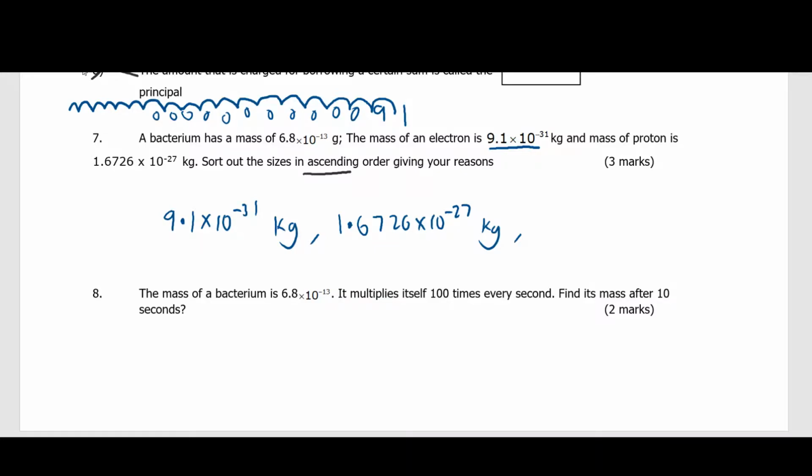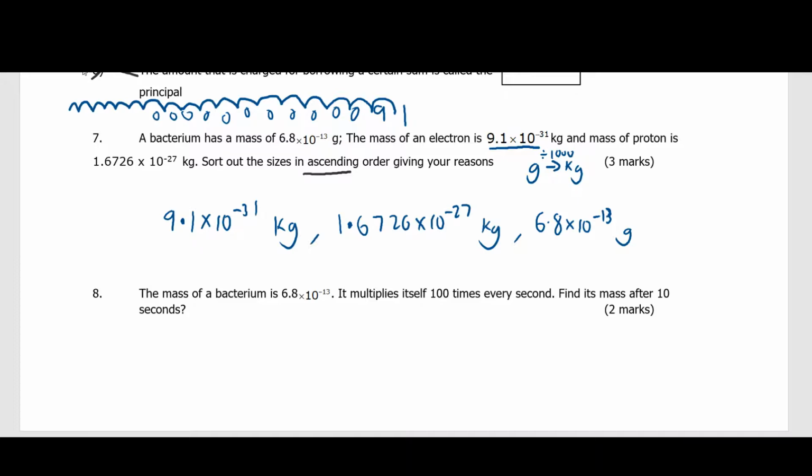And we've got 6.8 times 10 to the negative 13 grams. Now, if we need to change grams to kilograms, to go from grams to kilograms, we divide by 1,000.